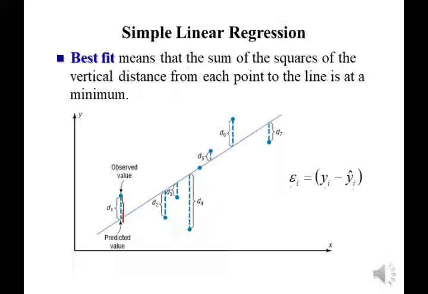As I said before, the line of best fit will be the line for which the distances, like d1, d2, and d3, between the points and the line are the smallest.